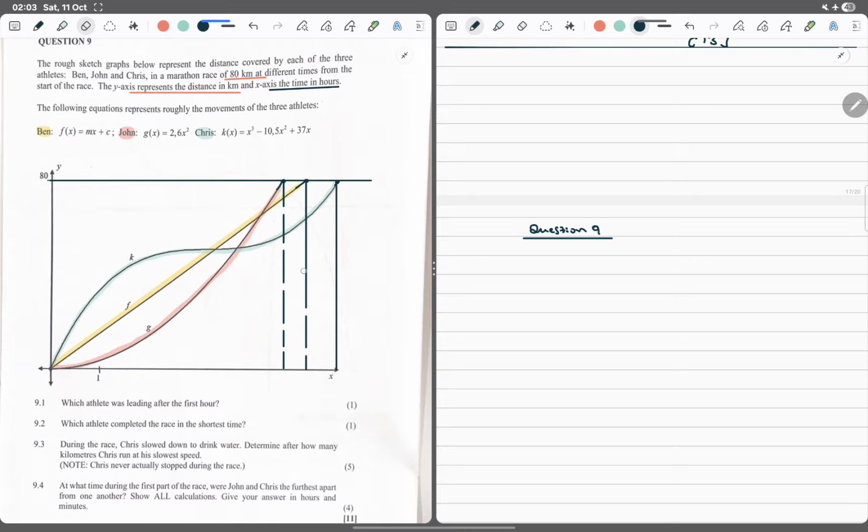Essentially we can see that these guys finished the race at different time intervals, but they each moved the same distance. So this is the story there.